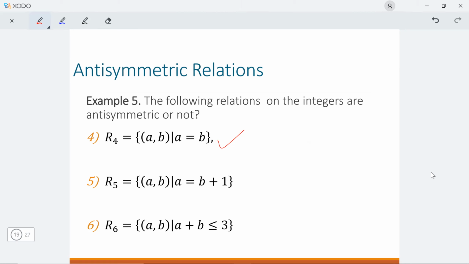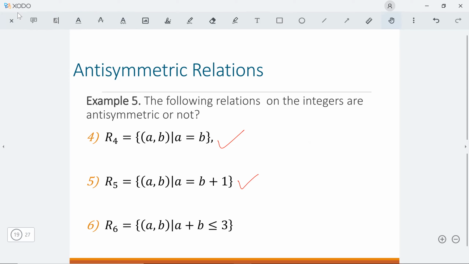So we always satisfy the requirement of the anti-symmetric definition, so this is also an anti-symmetric relation, again because the hypothesis is always false.